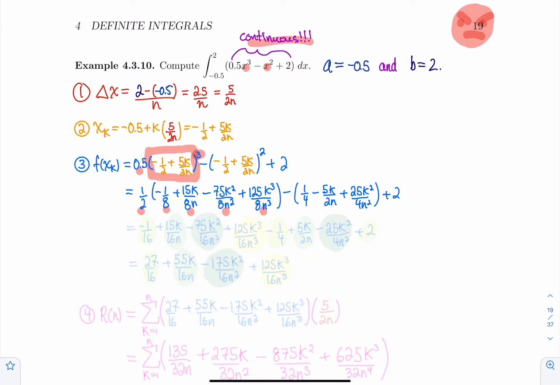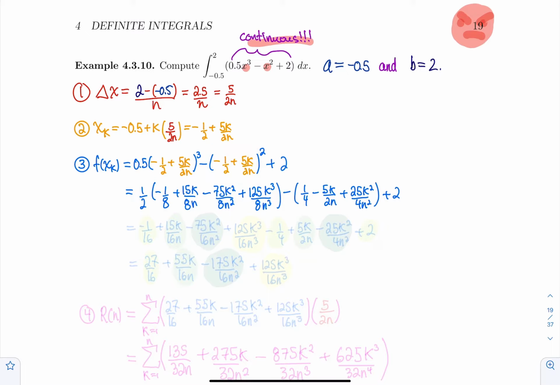I don't care as long as you do it correctly. Minus, if you FOIL minus 1/2 plus 5k over 2n to the power 2, you're going to get 1 over 4 minus 5k over 2n plus 25k squared over 4n squared, and then plus 2. So that step was purely just FOILing the power 3 and the power 2. So we have a lot of terms.